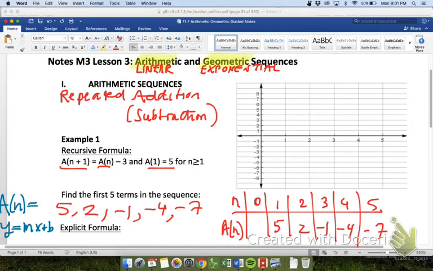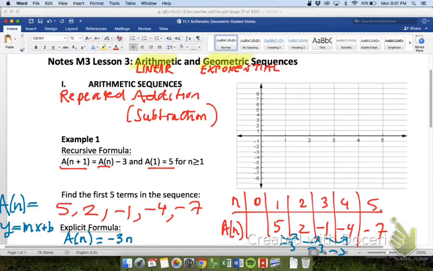And instead of x, we'd have an n, right? In terms of our explicit formula, I know that the slope or the rate of change is going to be that repeated addition or repeated multiplication. So as soon as I see the minus 3, I know I'm going to have a of n equals, definitely a negative 3n.